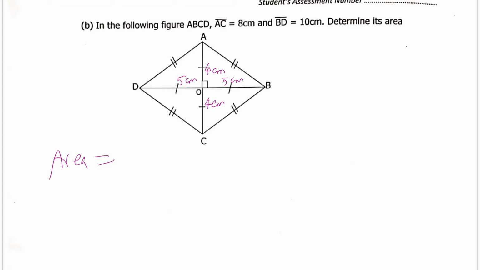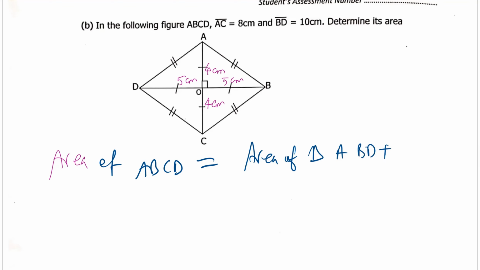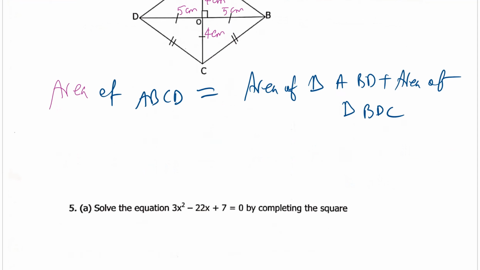We are going to use the area of ABCD, which will be the area of triangle ABD plus the area of triangle BDC.